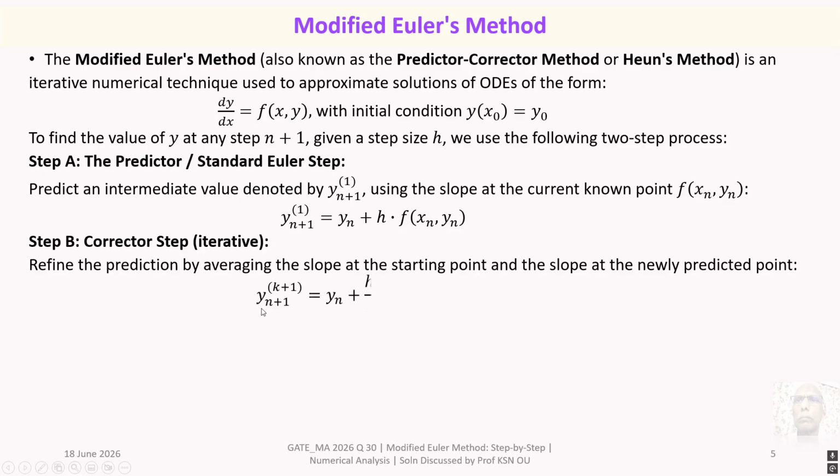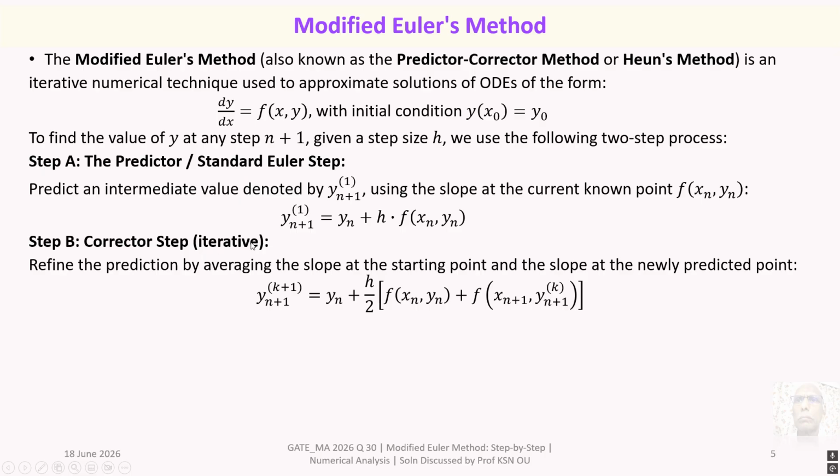That is yn plus 1 superscript k plus 1 is equal to yn plus h by 2, the average of the slopes, times f of xn comma yn plus f of xn plus 1 comma yn plus 1 superscript k. This is the slope at the newly predicted point.